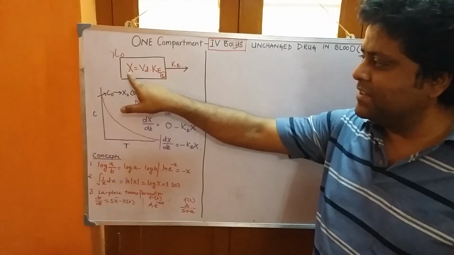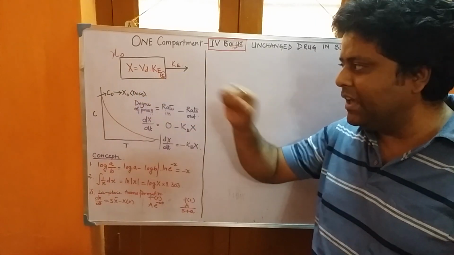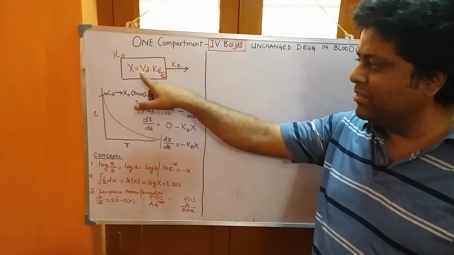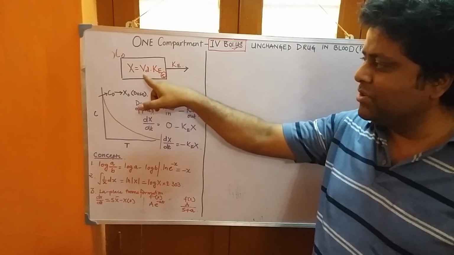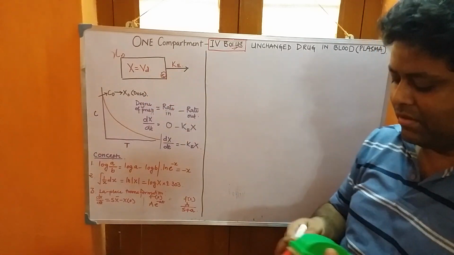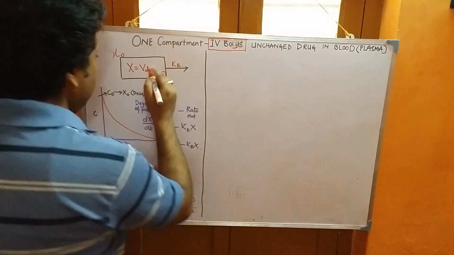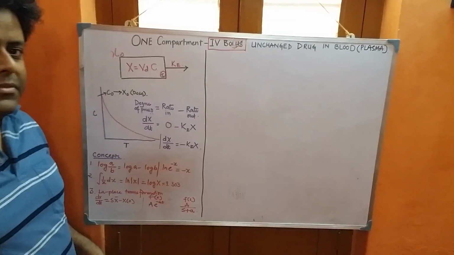And X, that is the amount of the drug in the systemic circulation at the time t, depends upon the product of the volume of distribution and the concentration of the drug at the time t.